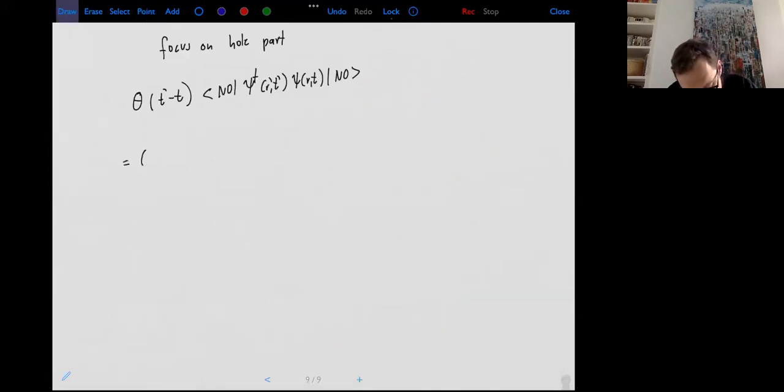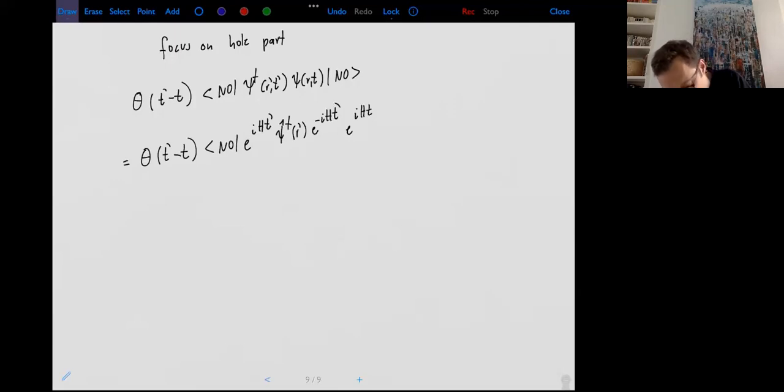I'll just try to write it out. So we've got n0, and now I'm going to put in these exponentials everywhere: psi hat dagger r prime, e to the minus iHt prime, e to the iHt, psi dagger r, e to the minus iHt, and n0. Okay, hopefully I did that correctly.